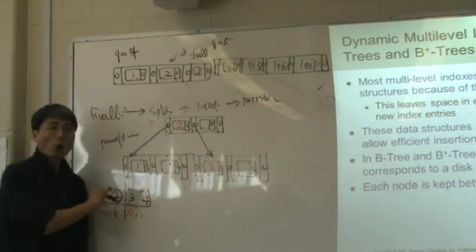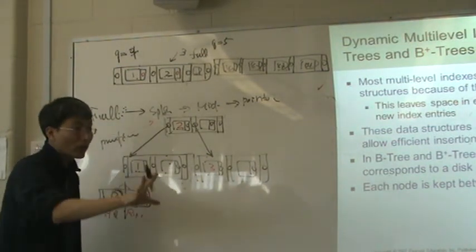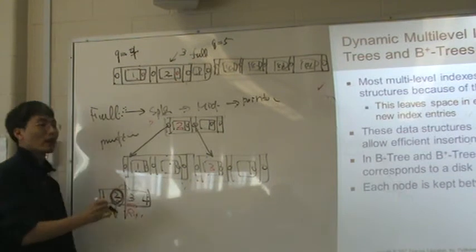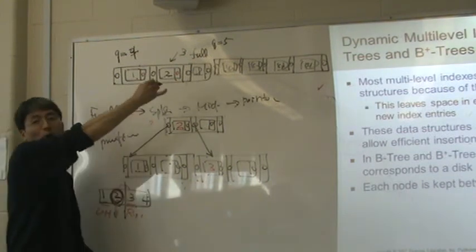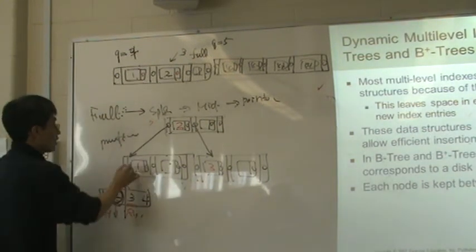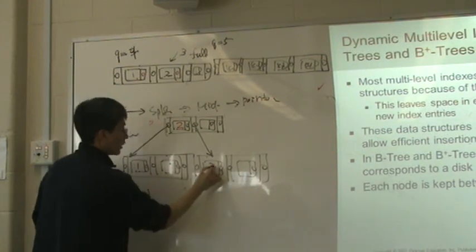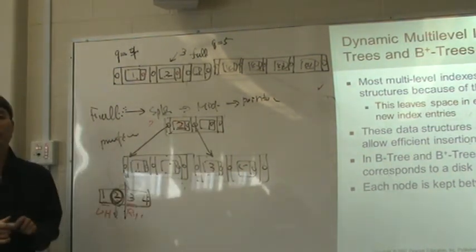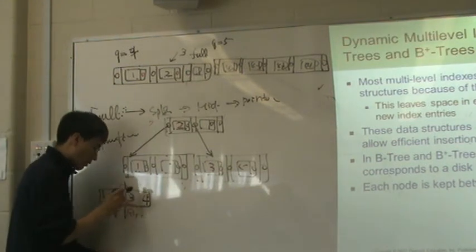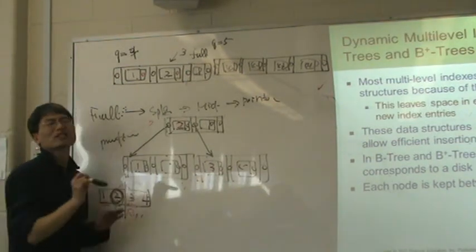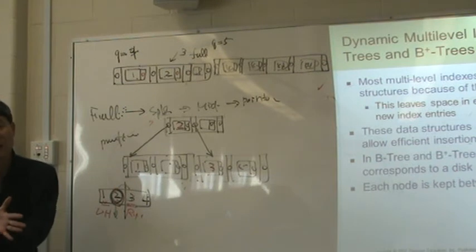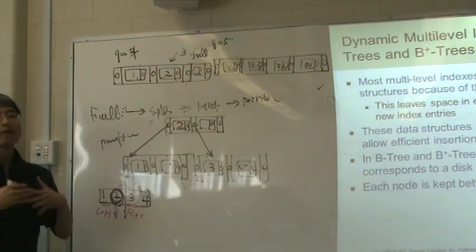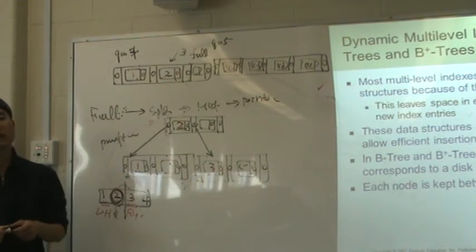So always, when you determine the middle value, you will select this one as the middle value, then 2 will be promoted, and 1 and 3, 4 will be split. Some of the indexes use the other one, which doesn't matter as long as you keep consistency. But in our class, we will use this one for consistency.